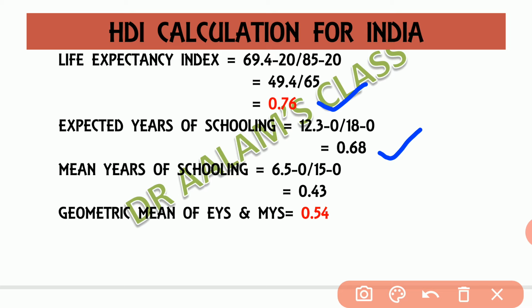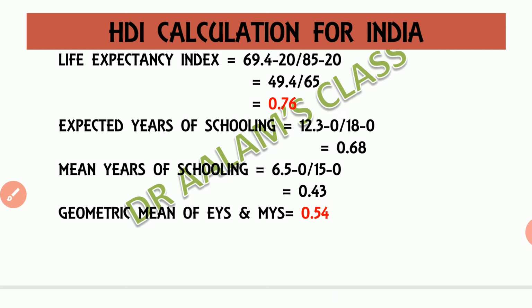And for mean years of schooling, again by using the above formula, it is calculated as 0.43. And these two values are combined by using the geometric mean, and the resultant is 0.54 for the education index.